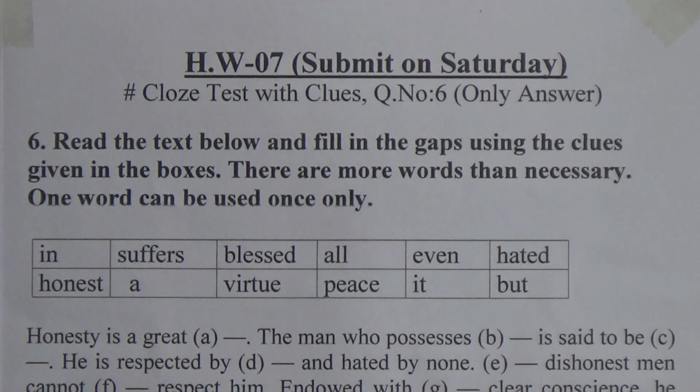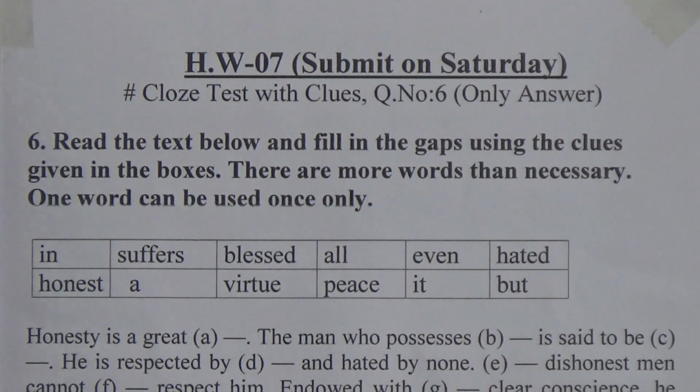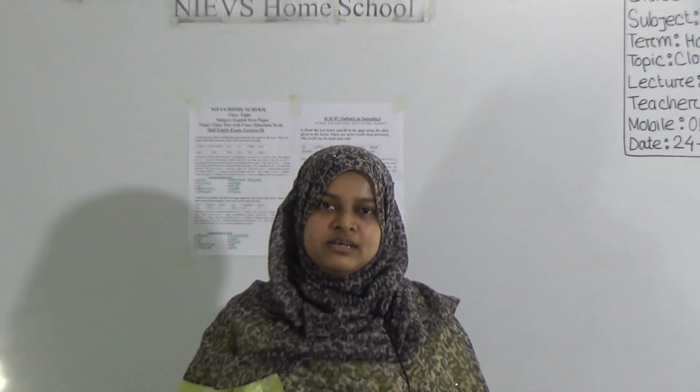So students, this is lecture number 10 and homework number 7. Don't forget to write your lecture number and homework number at the top corner of your copy. Students, please do your homework and don't forget to submit your homework copies every Saturday. Guardians or anyone else can come to school and submit your homework copies.